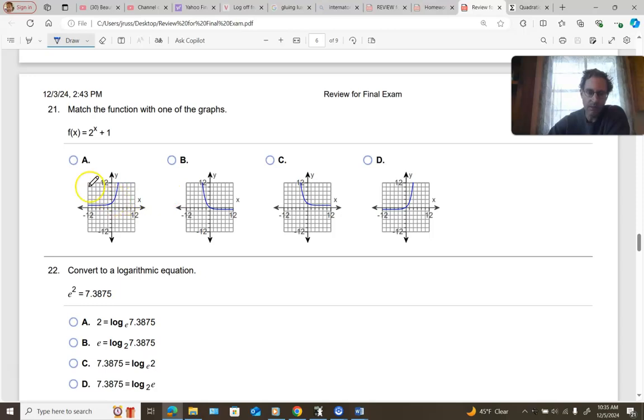So the only one that it could be is choice A. Because remember, a basic exponential function has a horizontal asymptote right across the x-axis. So if I shift this up 1, then the horizontal asymptote should be 1. It should be at y equals 1. Okay, so it couldn't be crossing the x-axis like they have it show right here in D. But if you're not sure, go ahead and graph it in your calculator.